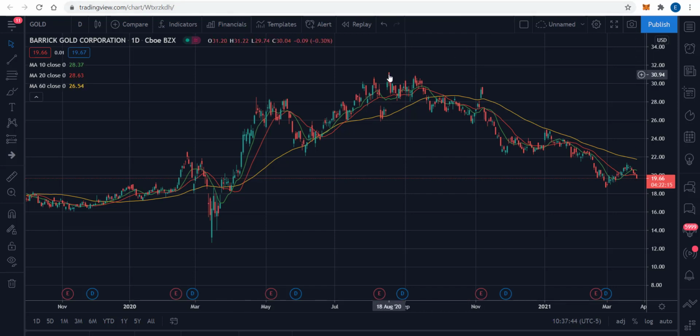I'm sorry, that was March of 2020, all the way to this high in August of 2020. We had a high of $31.22 per share. That's huge. I mean, more than 100% move in that stock, and before it came off.